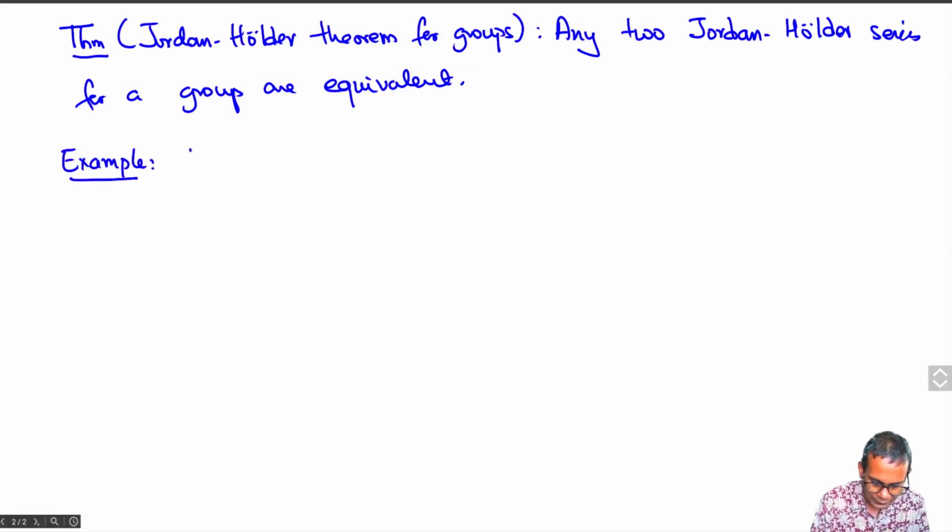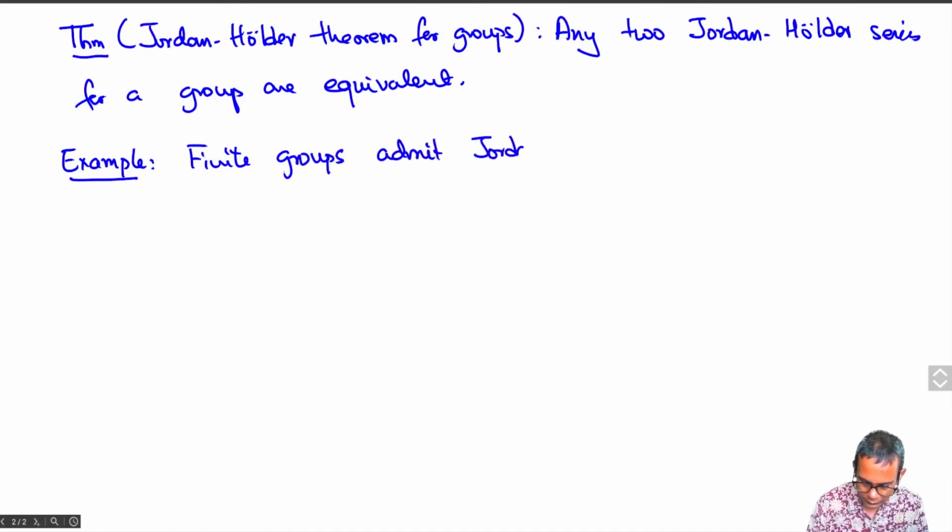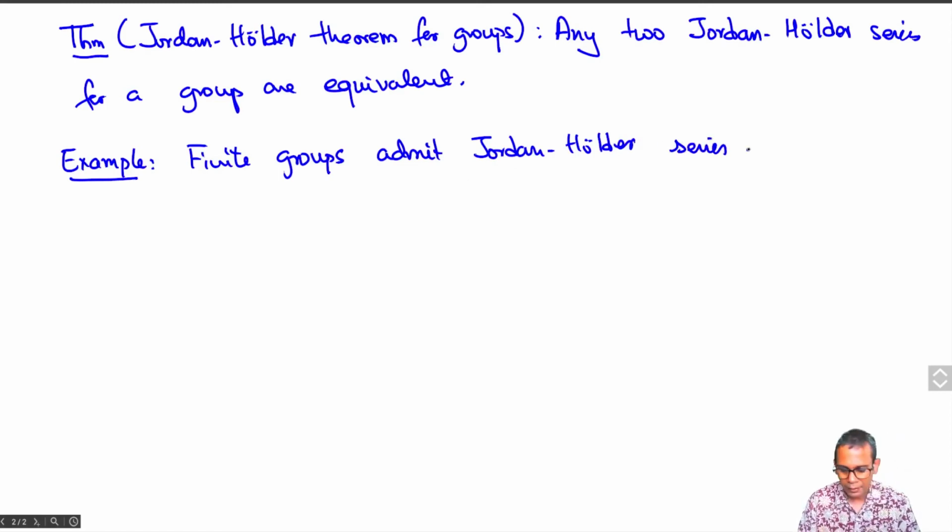Because of finiteness, finite groups always admit Jordan-Holder series. But there are infinite simple groups and there are infinite groups which admit Jordan-Holder series as well. And so every finite group has a Jordan-Holder series where the quotients are finite simple groups.